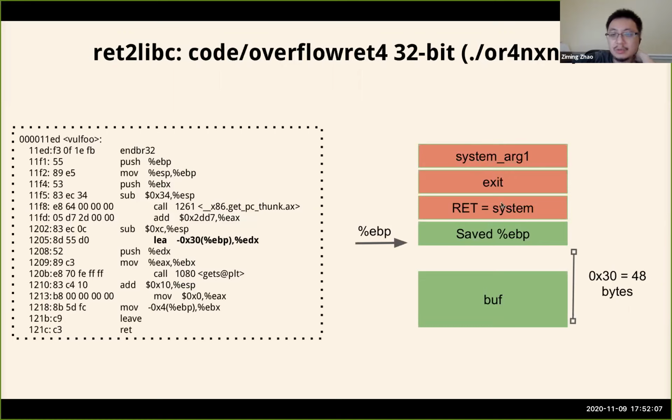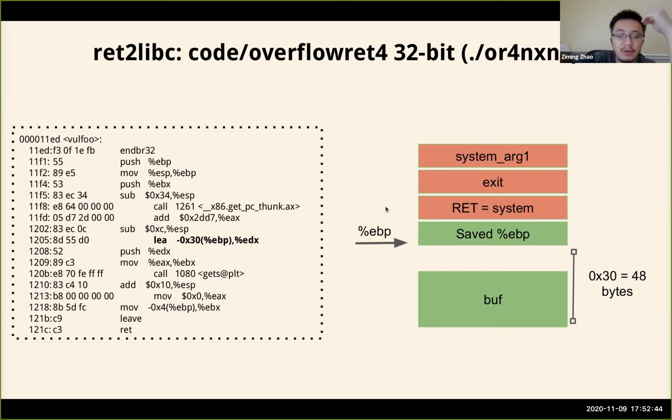In this case, we want to return to the libc function system, and we can find its address. Then the argument for it will be placed 8 bytes higher than this one. The exit is not really that important. This is the first function's address, this is the second function's address, and this is the first function's argument. For the first function's argument we want to use /bin/sh, which can give us a shell.